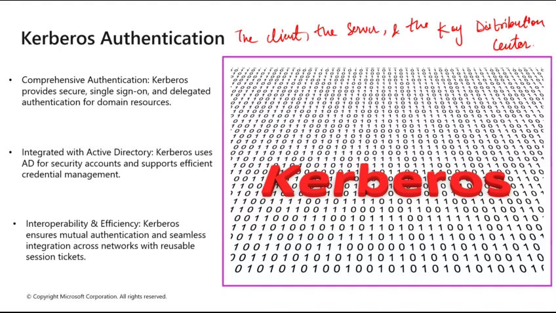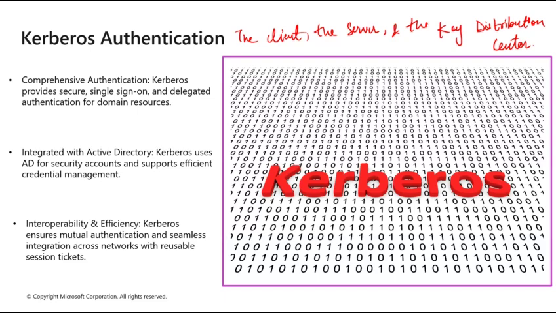If we talk about the step-by-step process here, it happens in three main exchanges. First is the authentication service exchange. When you first log into your computer, it sends a request to the KDC, the domain controller. It doesn't send your password; it sends a timestamp encrypted with the hash of your password.